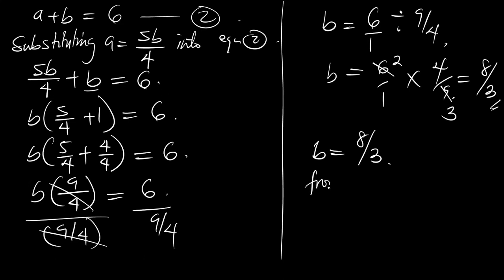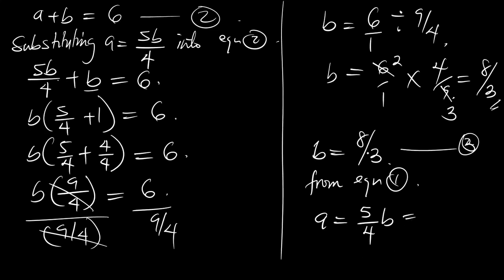Now, let me call this equation 3. So from equation 1, A is equal to 5 all over 4 B. And since B is 8 all over 3, we'll just say 5 all over 4 times 8 all over 3, which will now be 4 divided by itself 1, 4 divided into 8 is 2.